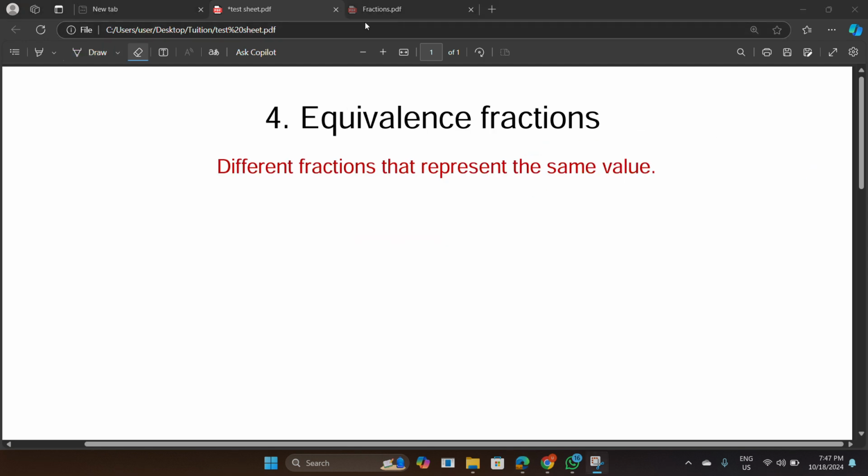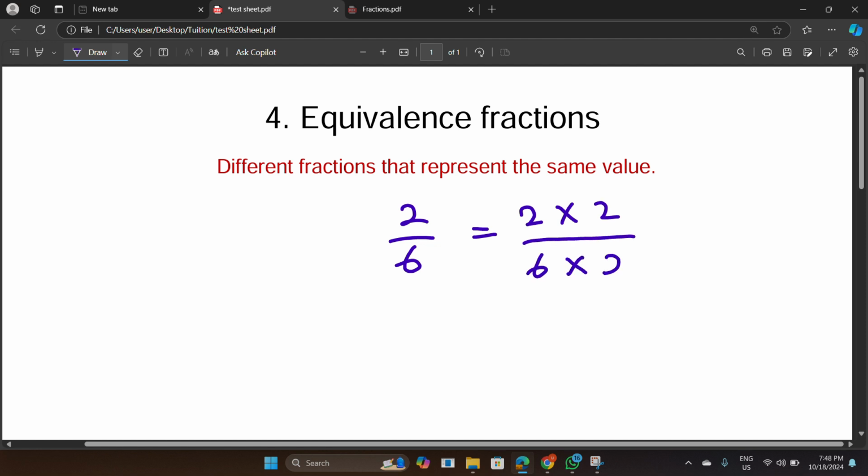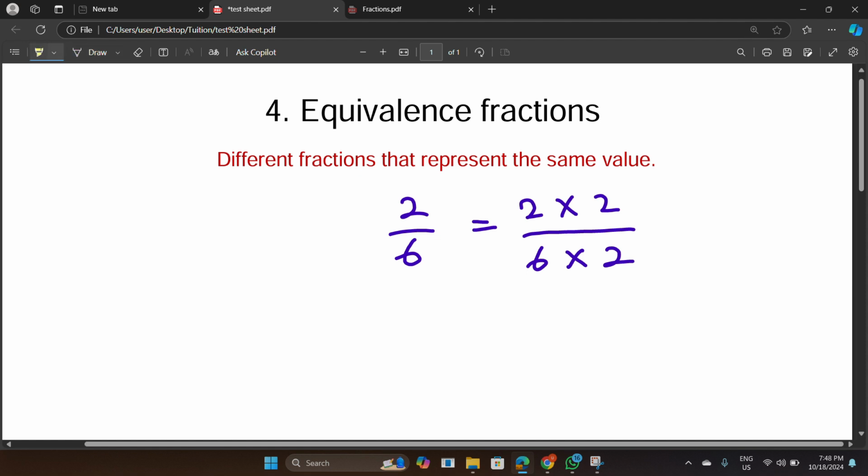Now let's explore equivalent fractions. What are equivalent fractions? Equivalent fractions are different fractions that represent the same value. Let's take 2/6 as an example. We can write an equivalent fraction for this 2/6 by multiplying both numerator and denominator by the same number.